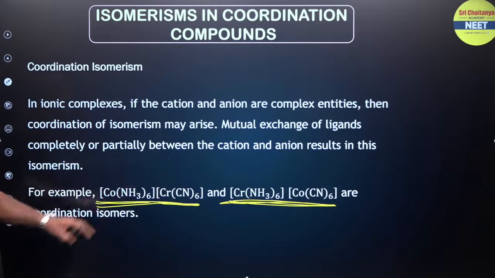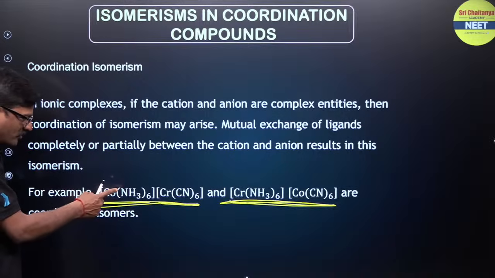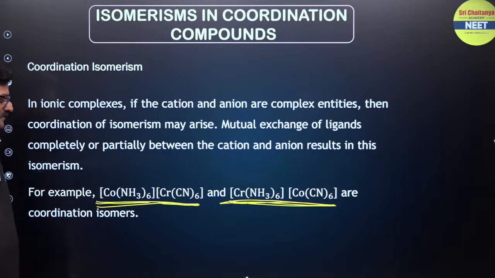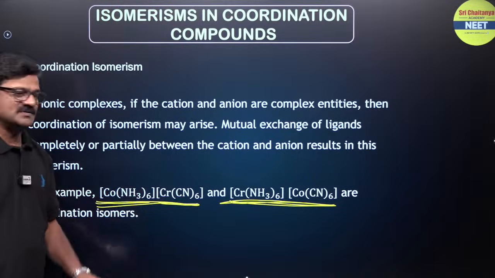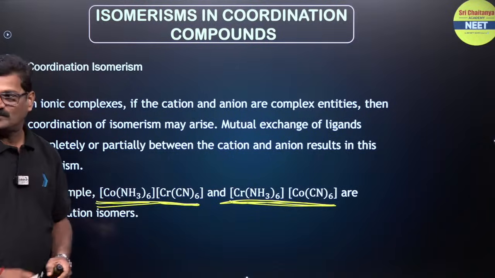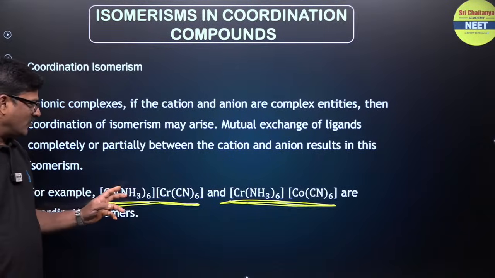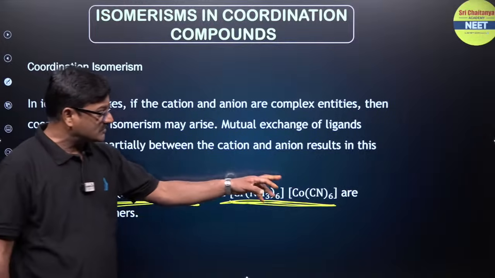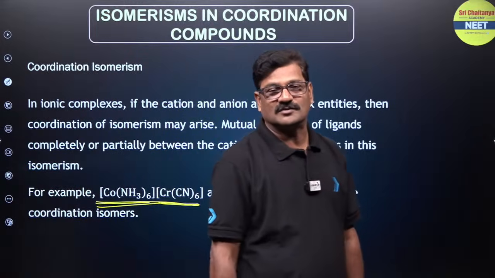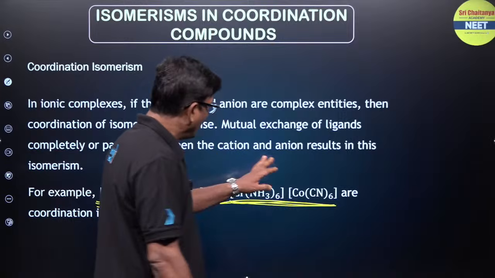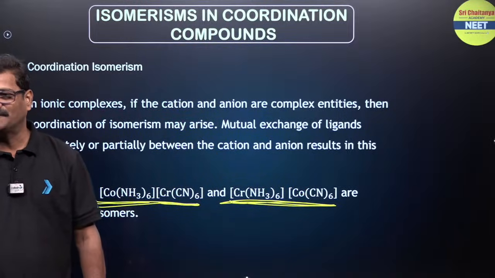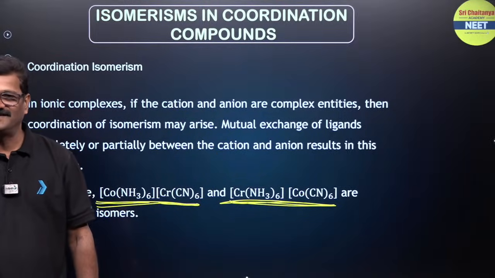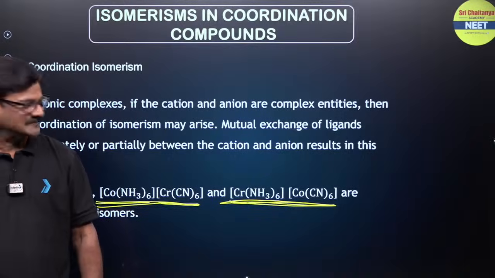Now could you spot what is the difference? The ammonia that was with cobalt, and cyanide with chromium, made one compound. If the ammonia is with chromium and cyanide is with cobalt, this is going to give another complex. Are you getting or not? Any doubt? Fine. That's good.